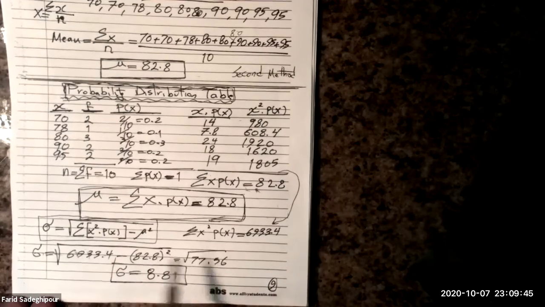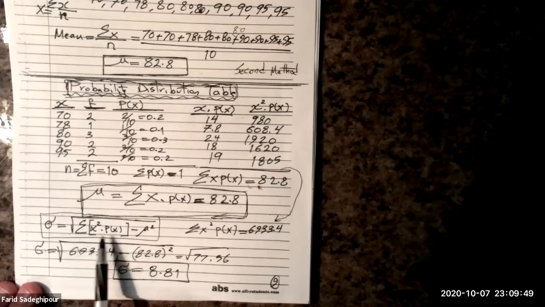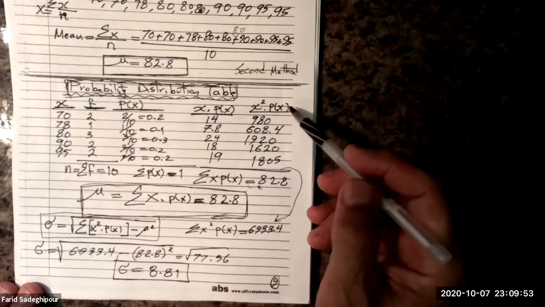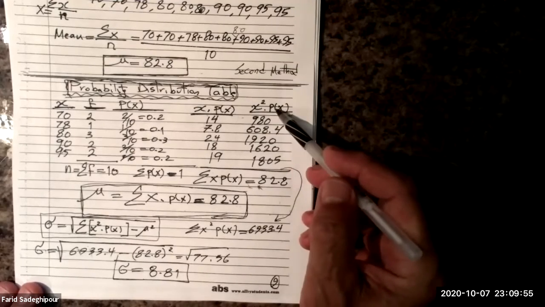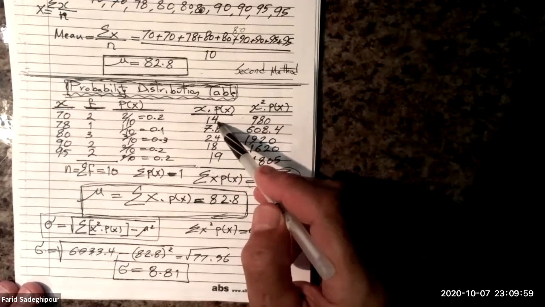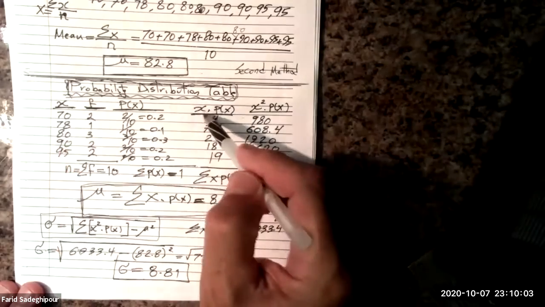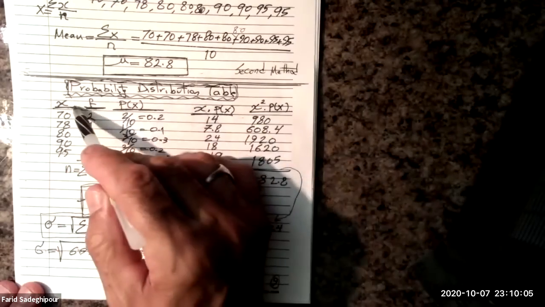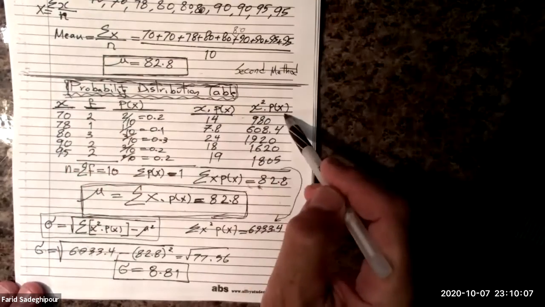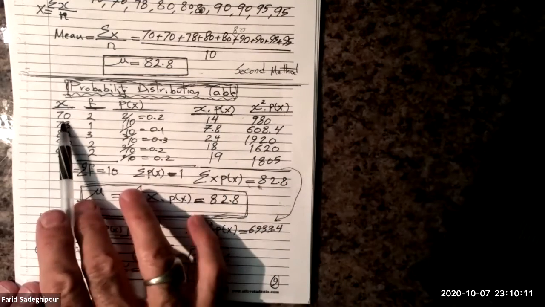Now, the standard deviation comes from this formula. To find the standard deviation, you have x squared px, which means you need to create a new column, which is x squared px. You already have xpx, which is 14. If I take xpx and multiply by x, that gives you x squared px. So to find x squared px, you take this 14 and multiply by 70.